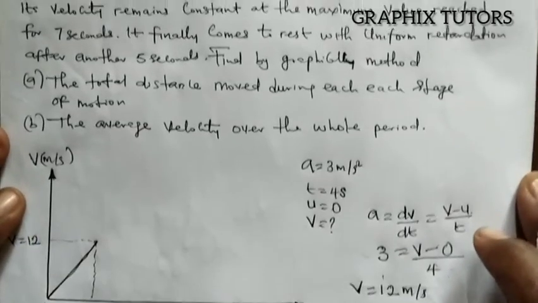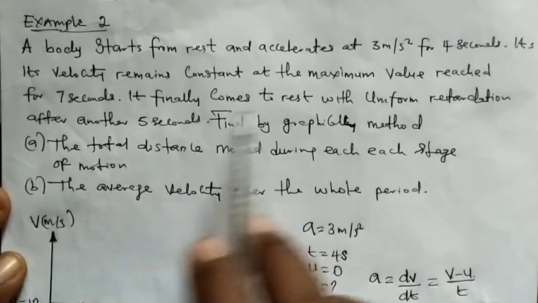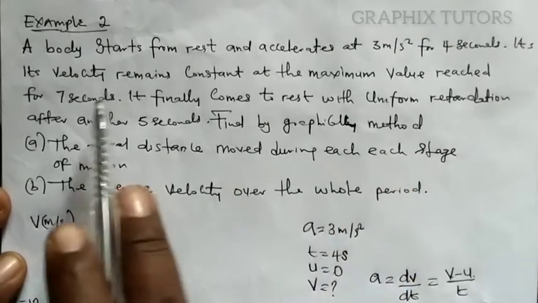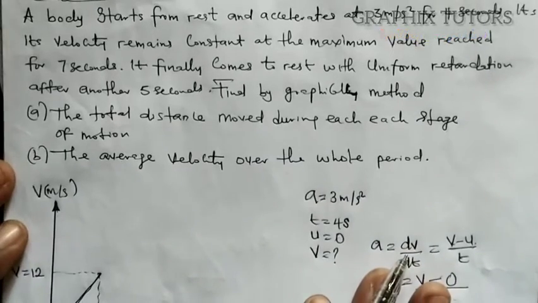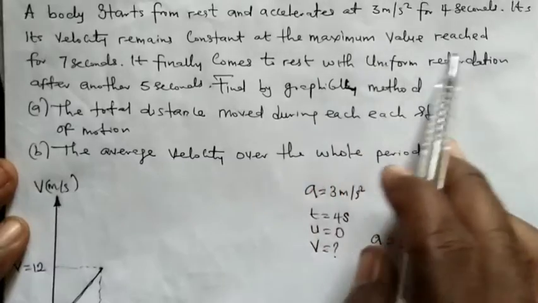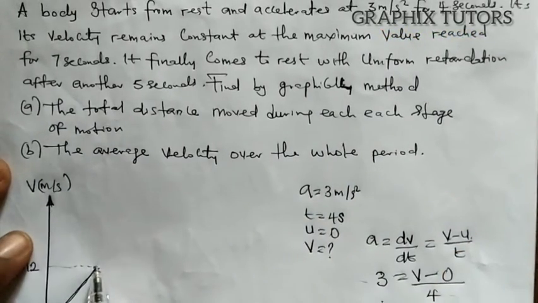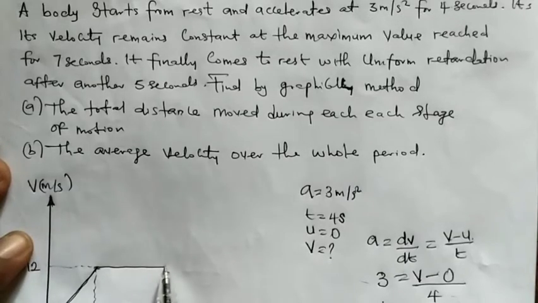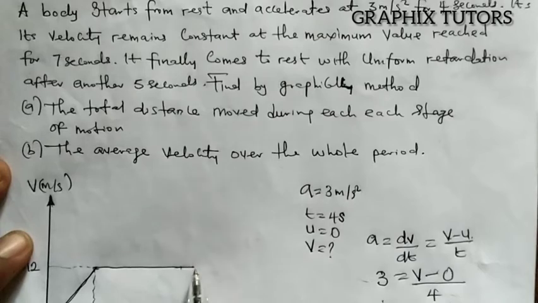Now in proceeding, we say that after accelerating at 3 meters per second squared for 4 seconds, its velocity remains constant. The velocity remains constant at the maximum value reached for 7 seconds. So it maintained that 12 meters per second for another 7 seconds. So 7 plus 4 is 11.